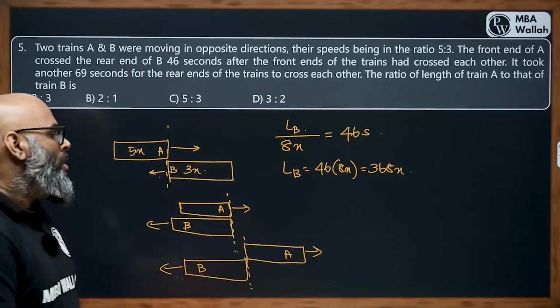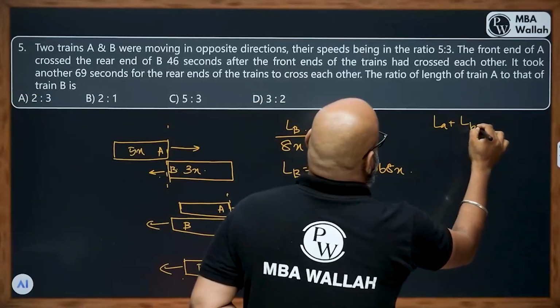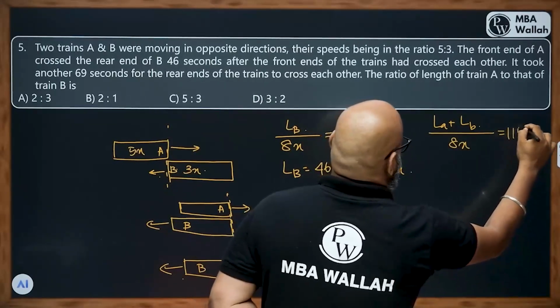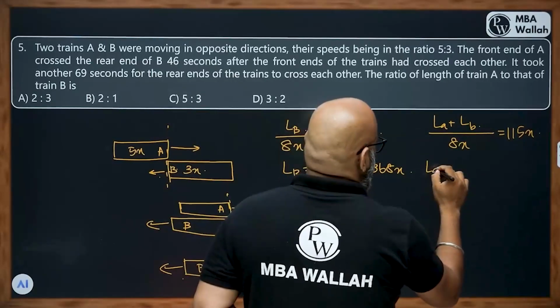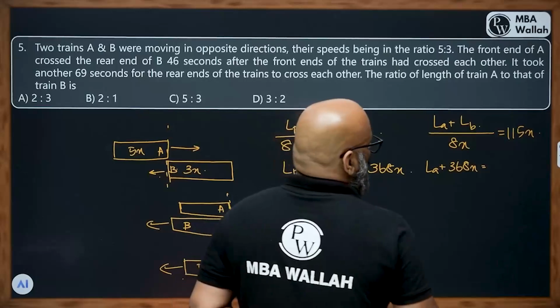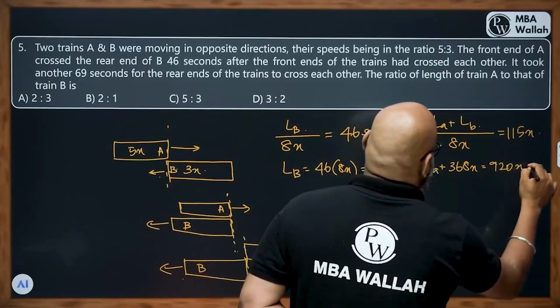Or we can write LA plus LB, the length of A plus the length of B, by 8x is equal to 115. We know LB is 368x, so LA plus 368x is equal to 8 into 115, which would be 920x.